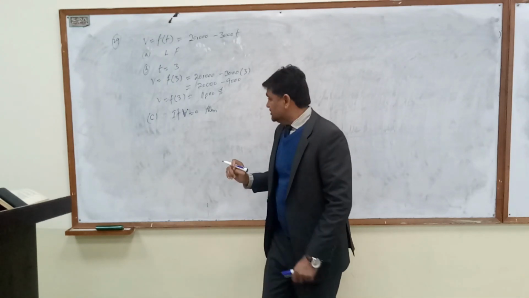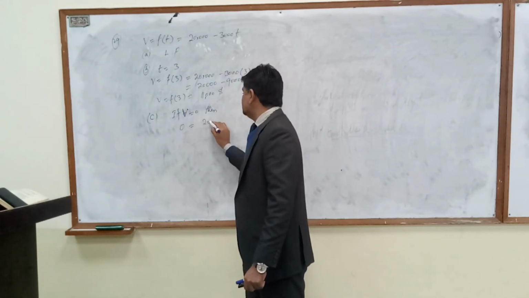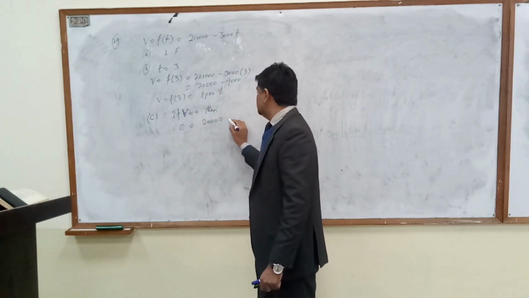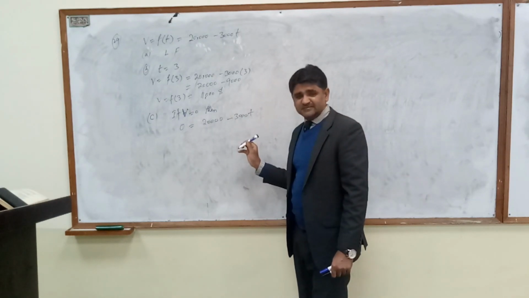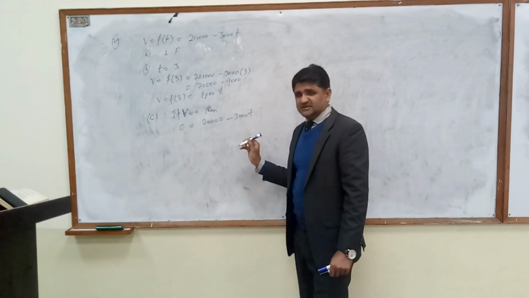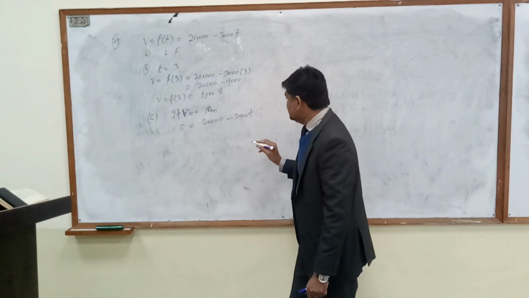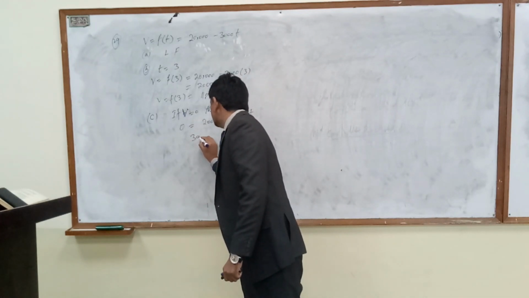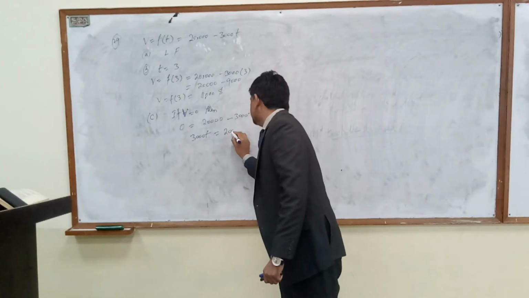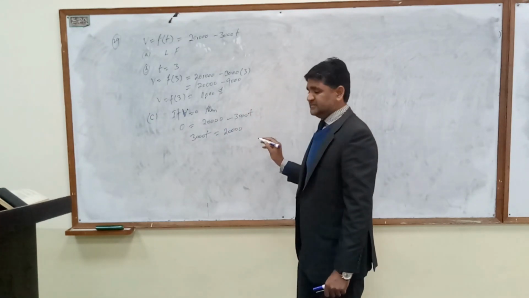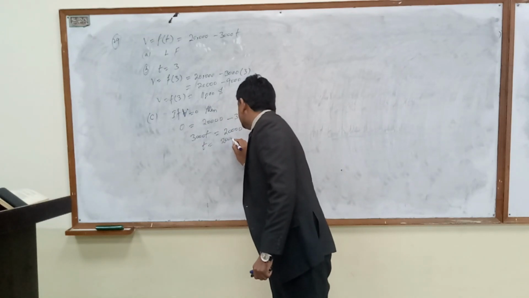3,000. So we can set V equal to 0, then 0 = 20,000 minus 3,000t, a first degree equation. How to solve? Variable on one side, constant on the other side. So 3,000t is equal to 20,000. So t is equal to 20,000 divided by 3,000.